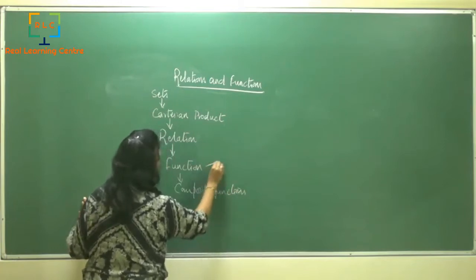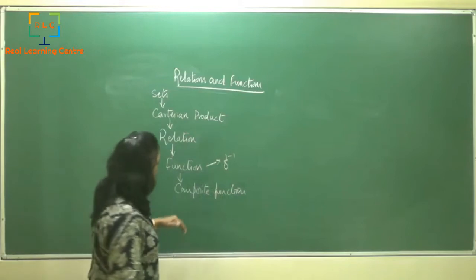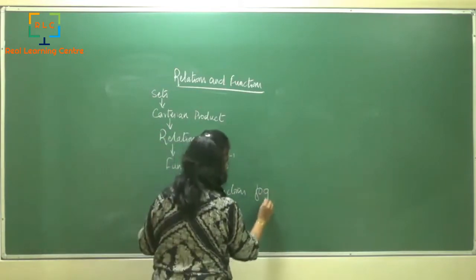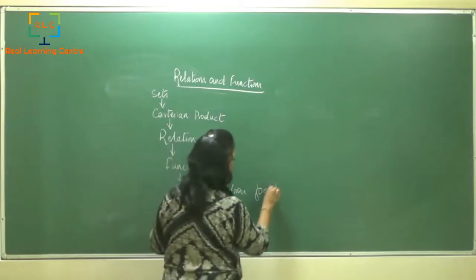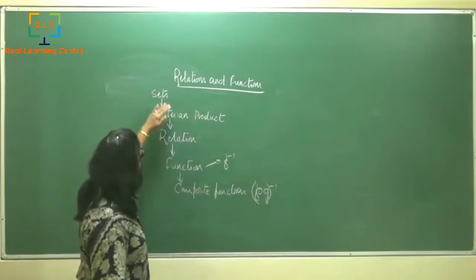Now these function and composite functions, they may have their inverse. Composite functions also may have their inverses. Composite functions we write as F circle G or G circle F, and they may have their inverse also. Now, this is the flow that you have.